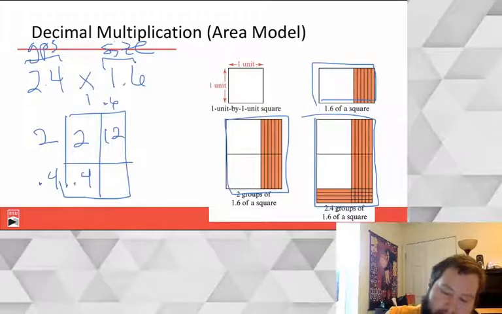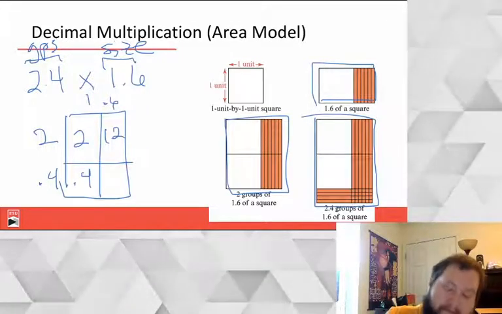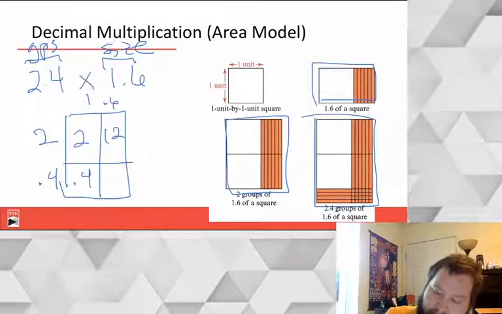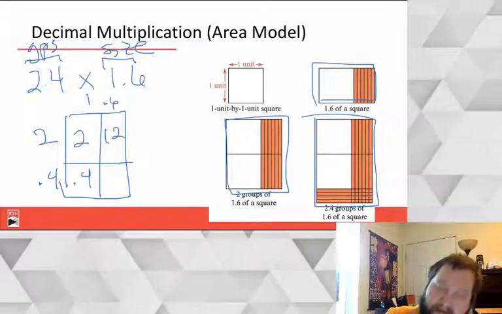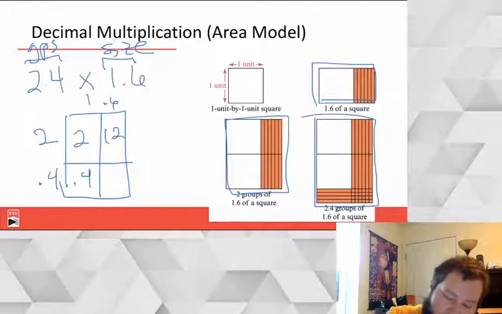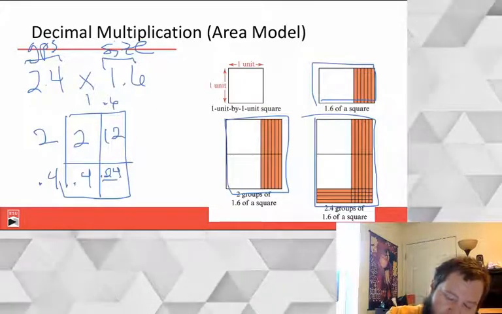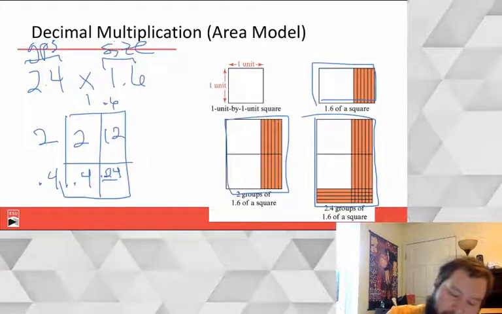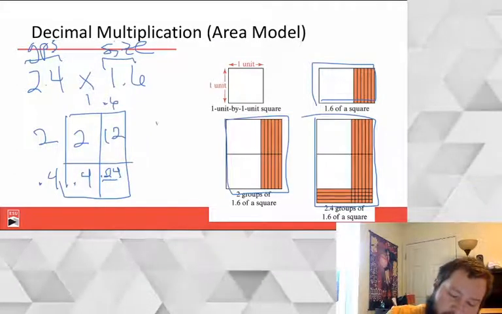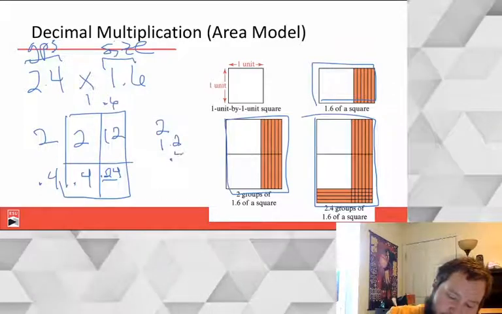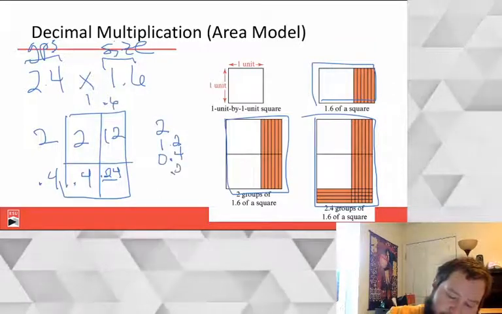And now we have 4/10 of 6/10. And if we look in there, you'll see that we have 24 little units. So we have 24 hundredths. So you can just write it as 24. So now what we have is 2 plus 1.2 plus 0.4 plus 0.24.